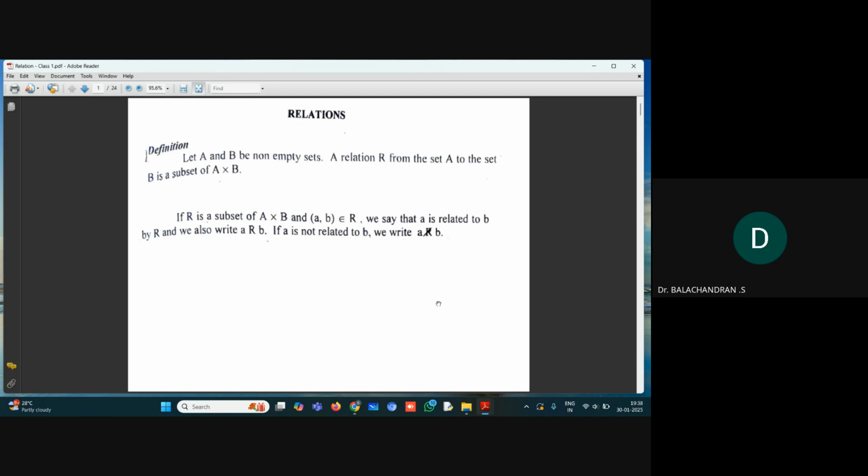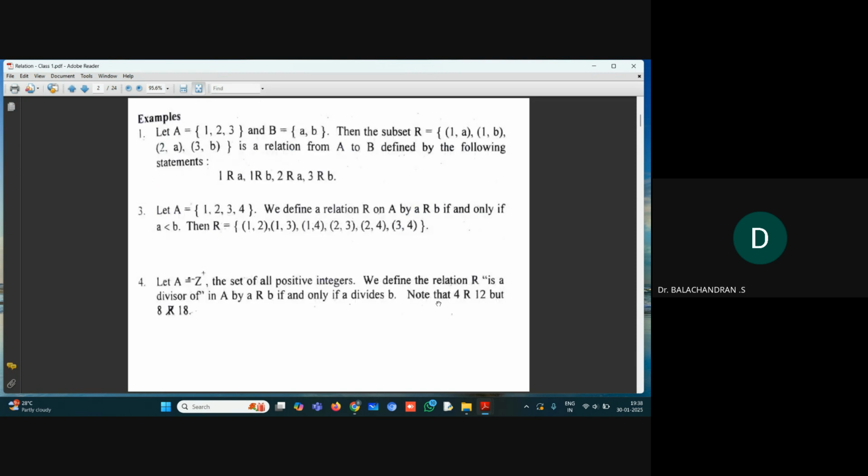I will write this notation on the board, and then go to the next concept.